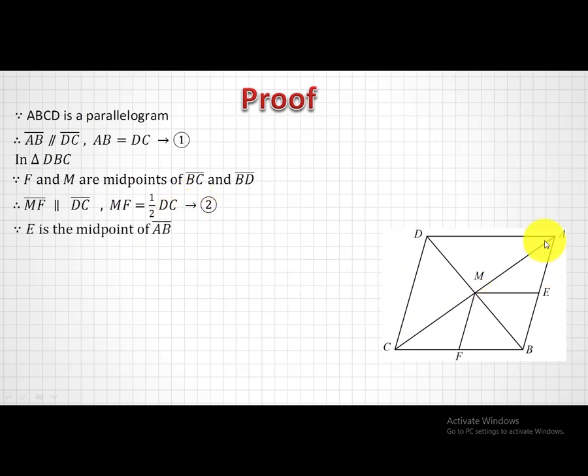Since E is the midpoint of AB, therefore EB equals half AB, and this is number 3.